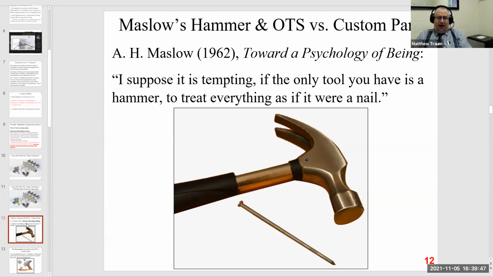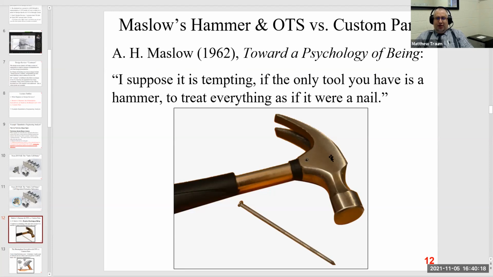So the first time that I could find anything approaching this idea that if you have a hammer, every problem starts to look like a nail, was put into print in the text Toward a Psychology of Being by A.H. Maslow in 1962, in which Maslow said, quote, I suppose it is tempting if the only tool you have is a hammer to treat everything as if it were a nail, right? So hence Maslow's hammer, right? Here's A.H. Maslow, and here's the hammer that he's talking about.